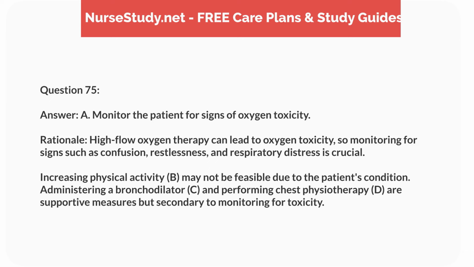Answer: A. Monitor the patient for signs of oxygen toxicity. Rationale: high-flow oxygen therapy can lead to oxygen toxicity, so monitoring for signs such as confusion, restlessness, and respiratory distress is crucial. Increasing physical activity, B, may not be feasible due to the patient's condition. Administering a bronchodilator, C, and performing chest physiotherapy, D, are supportive measures but secondary to monitoring for toxicity.